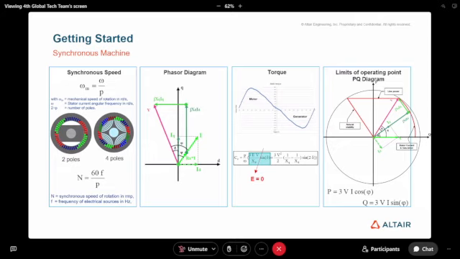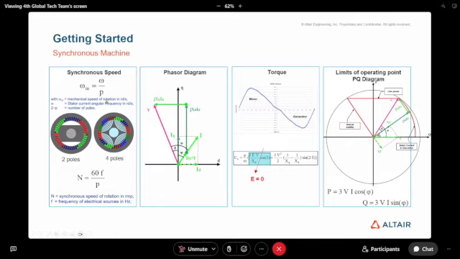Since it's a synchronous machine, it's the same principle for the speed. The mechanical speed is equal to the electrical speed if the number of pole pairs is equal to 1.